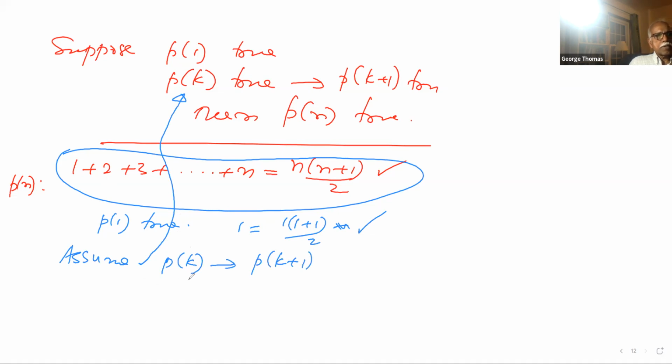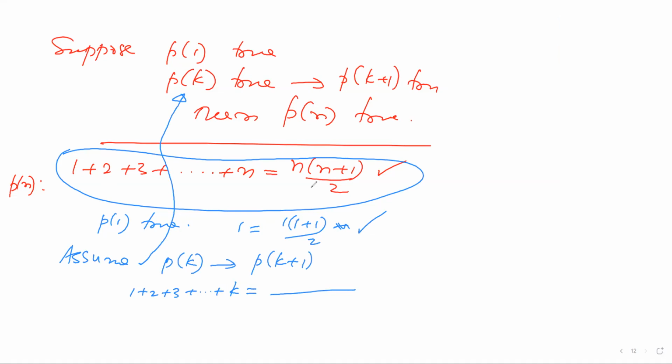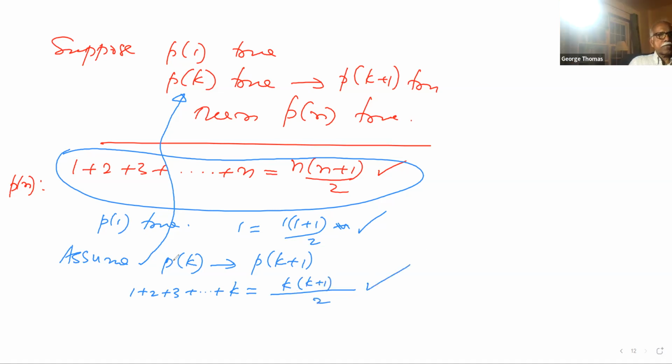What does that mean? P(k) true means 1 plus 2 plus 3 up to k equals, give it to me, apply the formula, k times k plus 1 over 2. You can assume this to be true. Then you show that P(k plus 1) has this form.